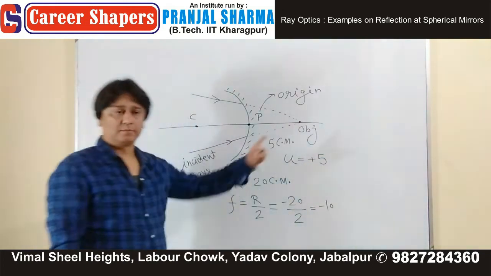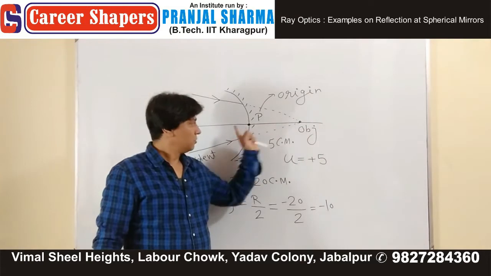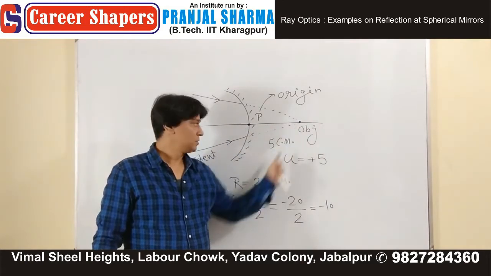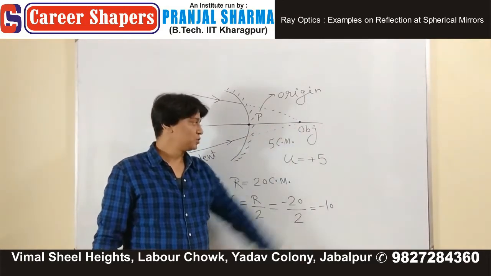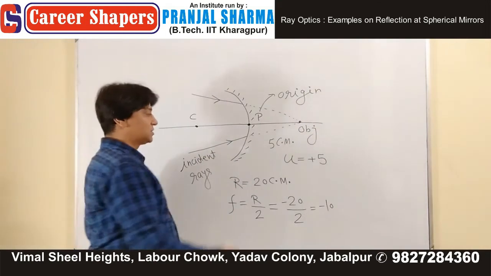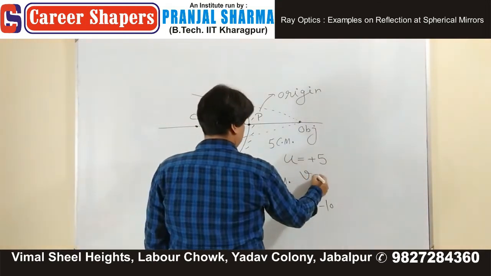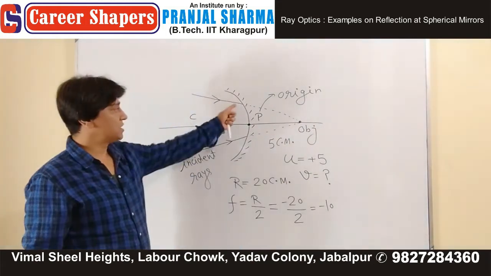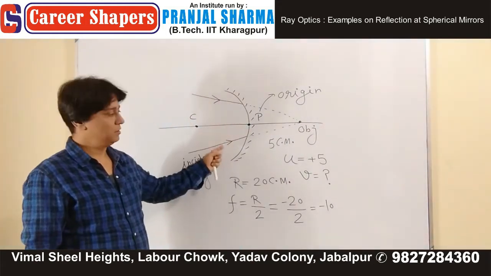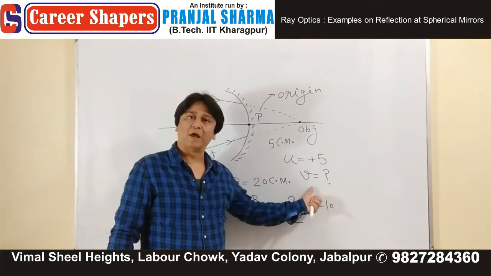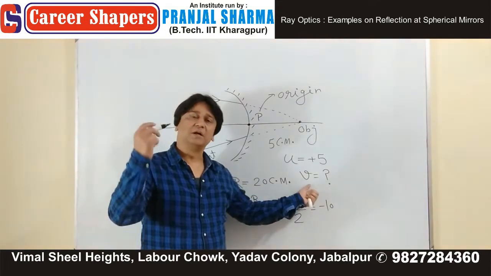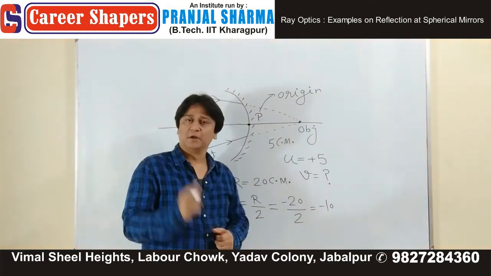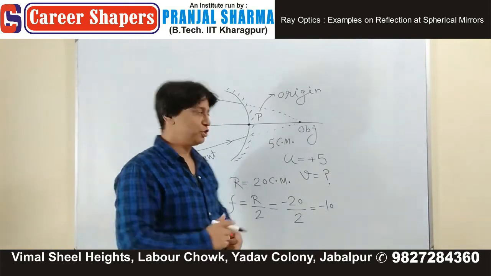Plus 5, to the right of origin, and therefore u is plus 5. And I'm asking you v. When I ask you that at what point these rays are going to meet after reflection, basically I'm asking you value of v, because intersection of reflected rays is going to give you position of image.